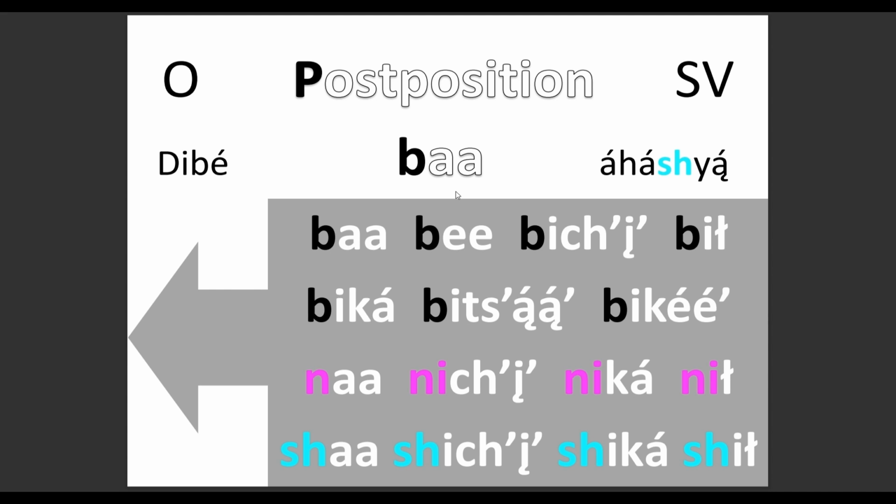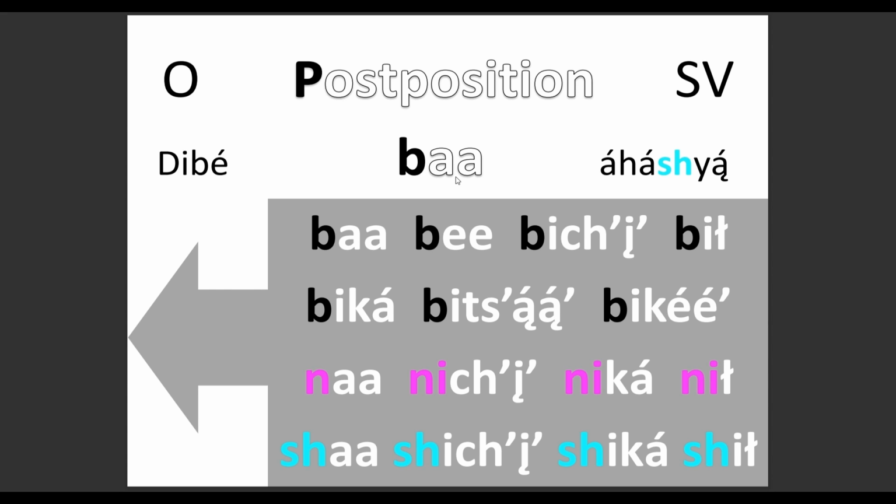Remember, the letter B highlighted in black is the third person pronoun, which refers to debe, and the double A means of or about. Without the postposition ba, the sentence will not make sense. If you said debe hashyan, the word ba is required in this sentence as well.